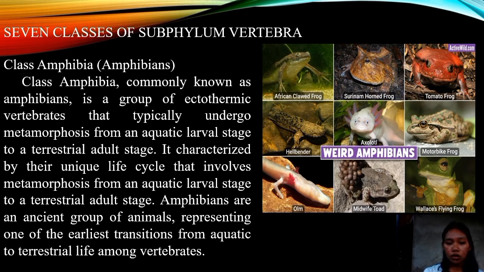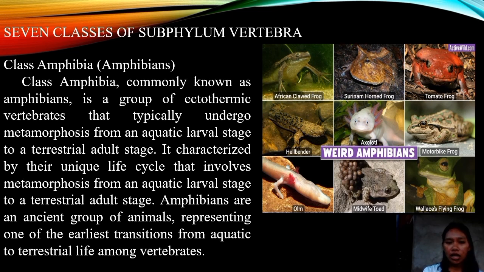Amphibians are an ancient group of animals, representing one of the earliest transitions from aquatic to terrestrial life among vertebrates. Class Amphibia are ectothermic vertebrates that often experience metamorphosis from an aquatic larval stage, like tadpoles, to a terrestrial adult stage, like frogs or salamanders. This life cycle transition is a defining feature of amphibians.